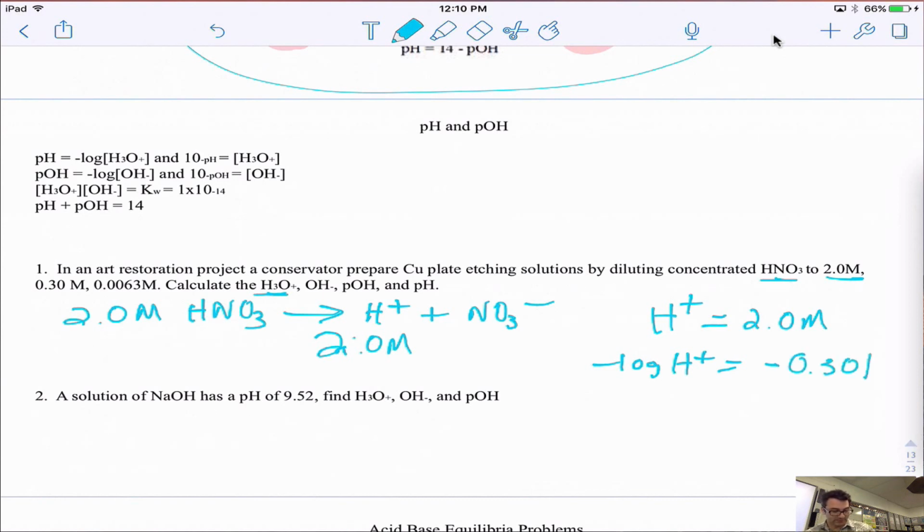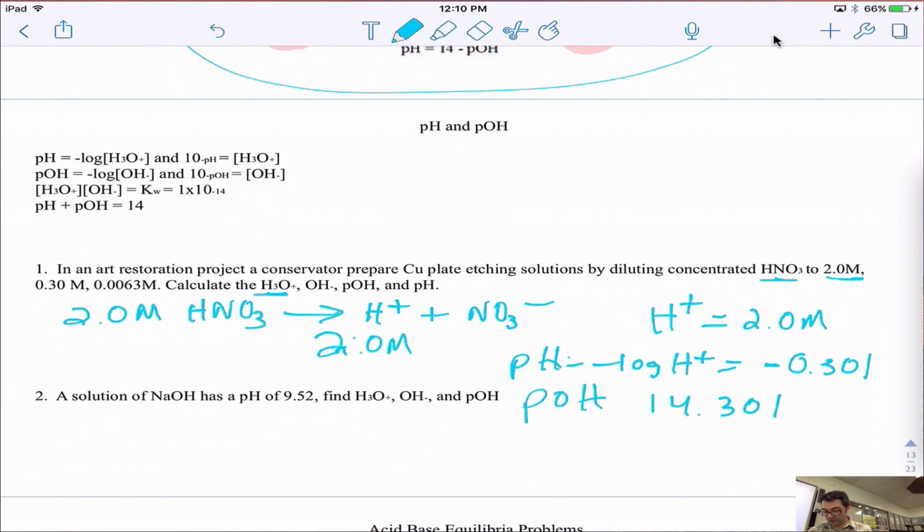Notice it's a negative number because it's such a strong acid. pH generally goes between 0 and 14, but here it's a little bit lower. Now I can find pOH, I just subtract the pH from 14. And I get 14.301.